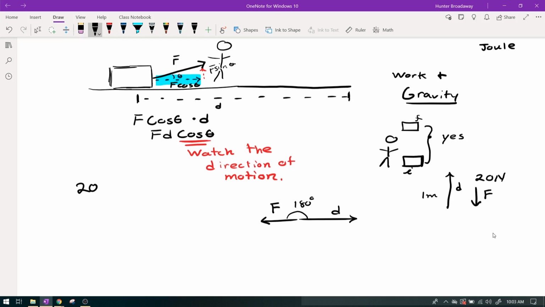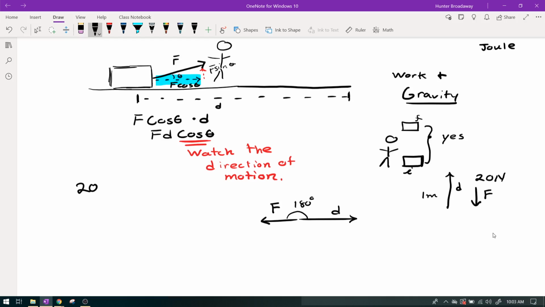Okay, this -20 implies that we're doing work against gravity. Ooh, is it? Uh-oh. You're right.